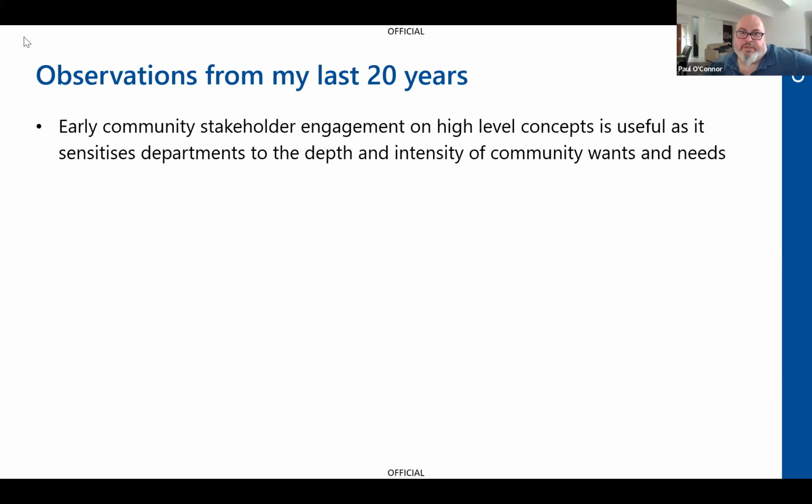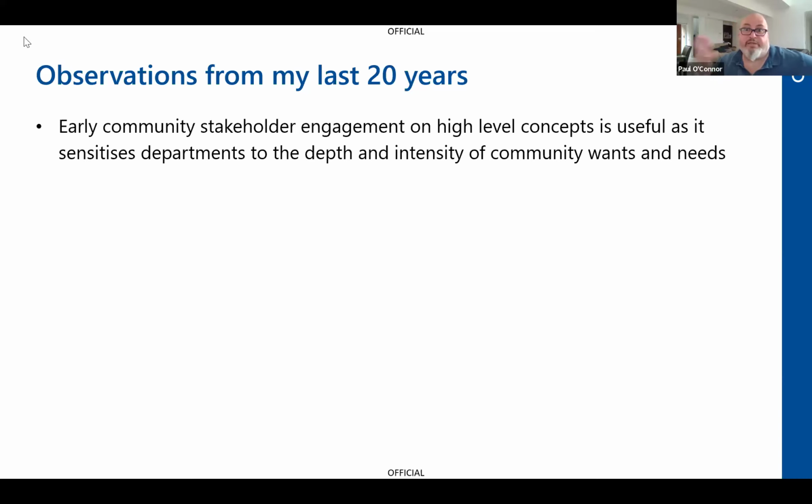If you're going to have a hospital mainly focused on outpatient clinics, you're not going to need as much ward space or operating theatres. But if you're going to have a big emergency department, you will need lots of operating theatres and pathology and imaging because they are very hungry users of that. And so suddenly the size and the shape of your hospital changes based on what the community wants.